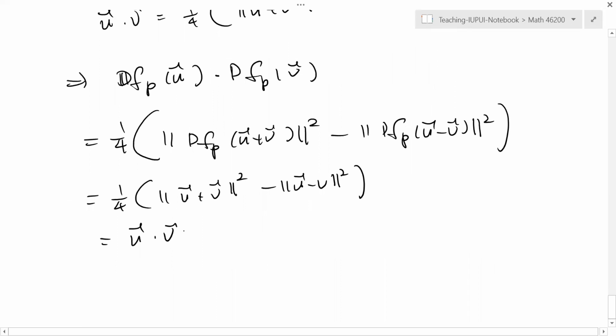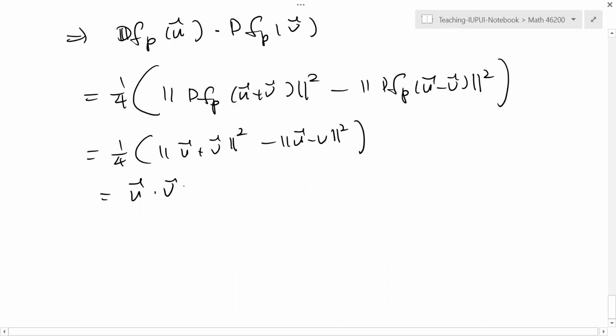That's it. So now what we can say, and this is the equivalent: we define a map to be a local isometry if it preserves the length or the inner product of tangent vectors. Then you can show that it must preserve the length of curves. But conversely, if it preserves the length of curves, then it also preserves the inner product of the tangent vectors.